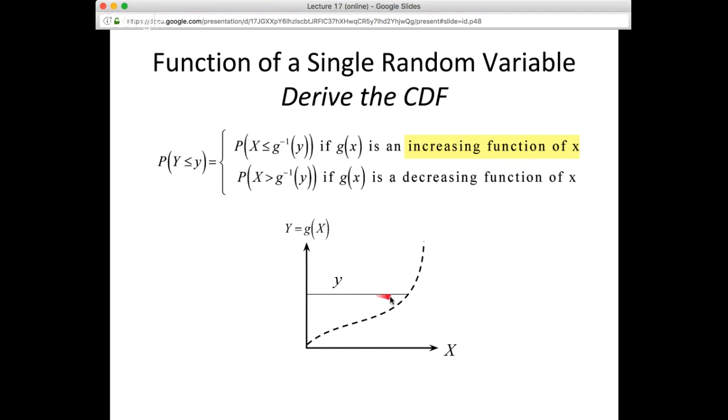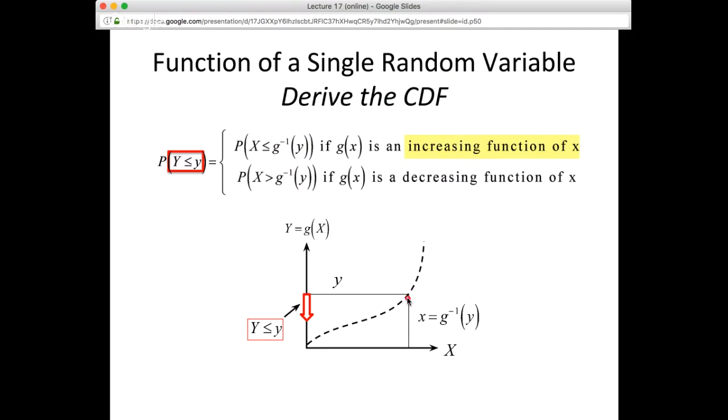I'm denoting that specific little y value by this horizontal line intersecting the vertical axis at this point. We are specifically interested in the probability associated with values of the random variable that are equal to y or smaller. So we're really interested in this range of y values, maybe going off to negative infinity.